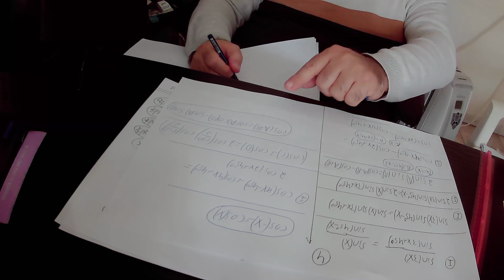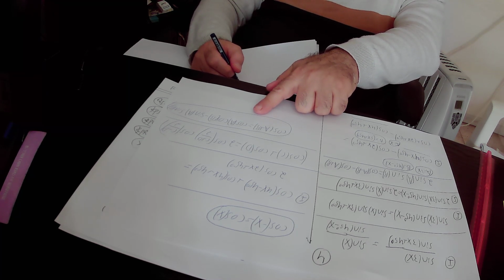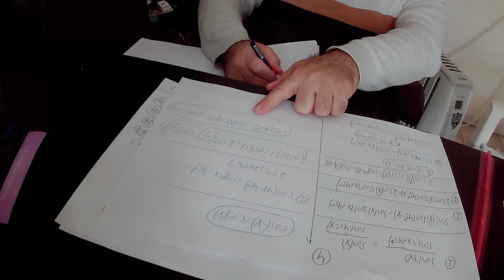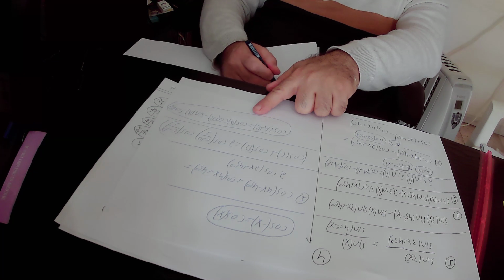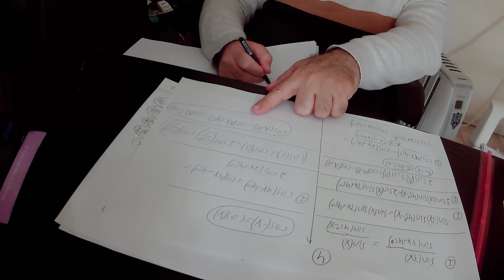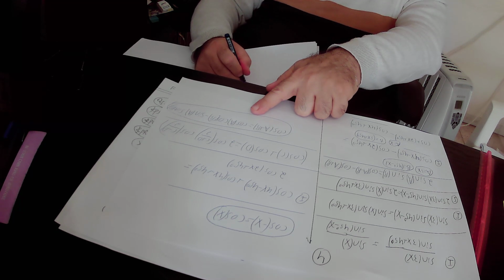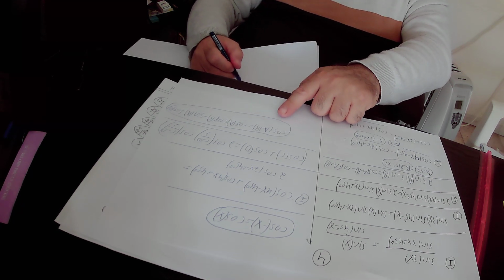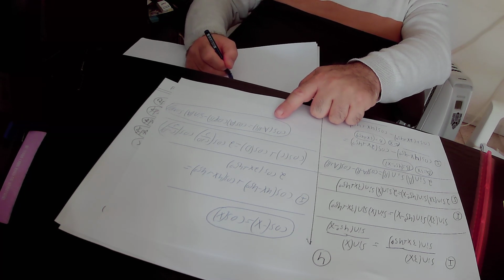So we will get that cosine A plus B equals cosine A cosine B, and A is 2x, so it is 2 times cosine 2x cosine 45 degrees minus sine 2x sine 45 degrees.